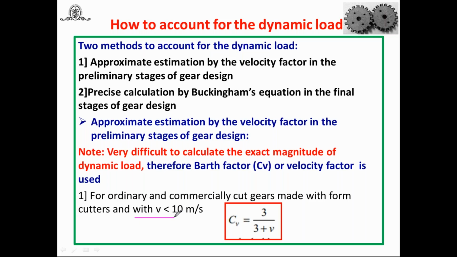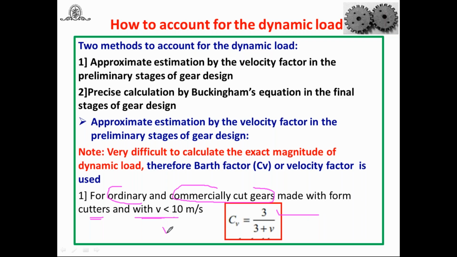Remember, when velocity is less than 10 meter per second, that means small, and for ordinary or commercial cut gears made with a form cutter, I will explain that also, you have to use the Barth factor relation CV is equal to 3 upon 3 plus V.